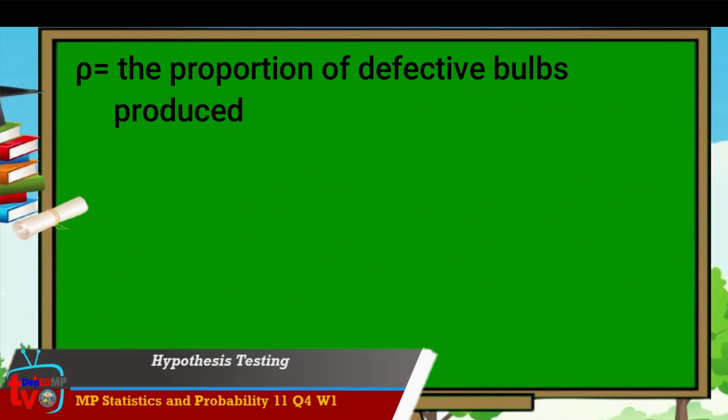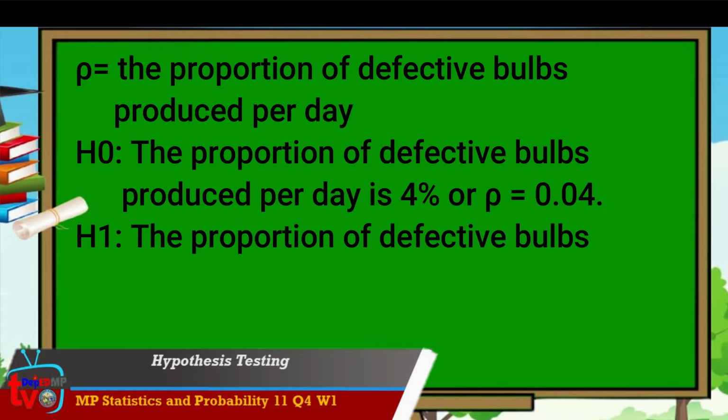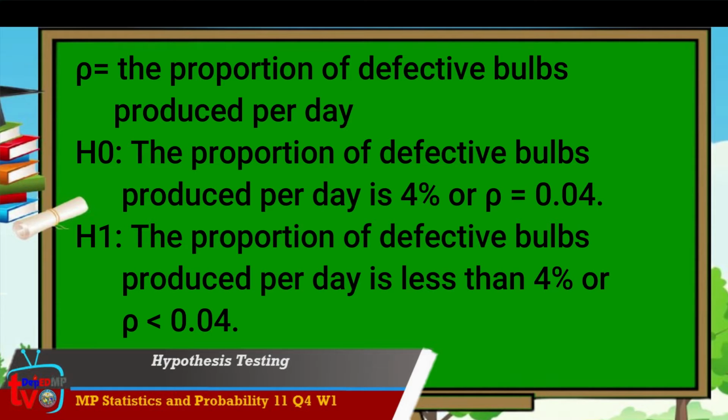Given population, the proportion of defective bulbs produced per day. Null hypothesis, the proportion of defective bulbs produced per day is 4%. Alternative hypothesis, the proportion of defective bulbs produced per day is less than 4%.